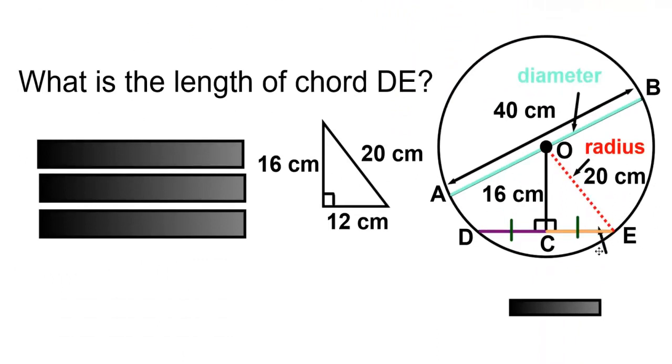So now that we know the length of CE is going to be 12 centimeters, and we also know that DC, which is here, is exactly the same length as CE.